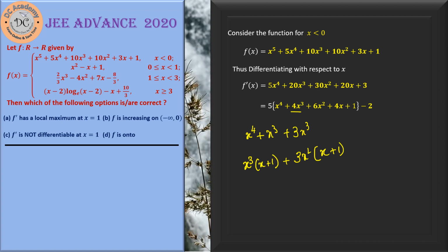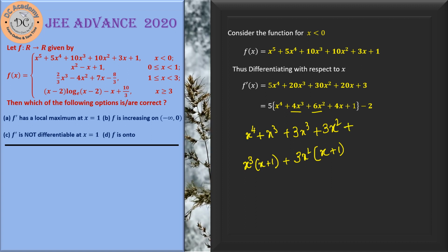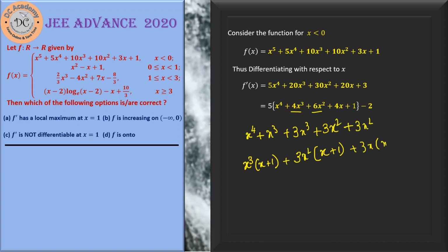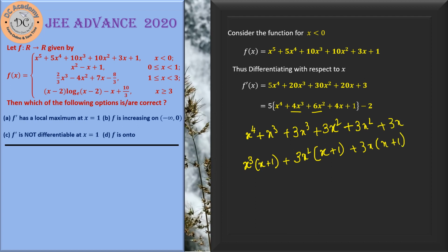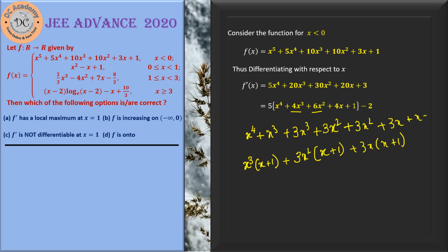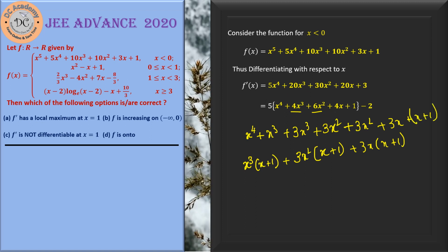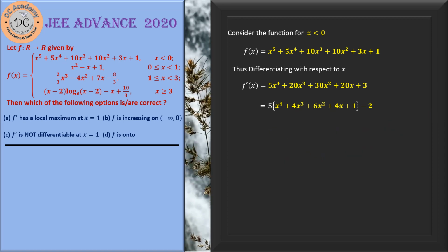Now 3x cubed plus 3x squared, so 3x squared is needed here. 6x squared is present, so I have to write 3x squared here. Again, I take 3x common, and we'll get x plus 1. Now 3x squared plus 3x, so 3x. Now here we have x, so x plus 1. See that at the last we get x plus 1 common. This method is easy for factorization. That's it. So now let's rewrite it.